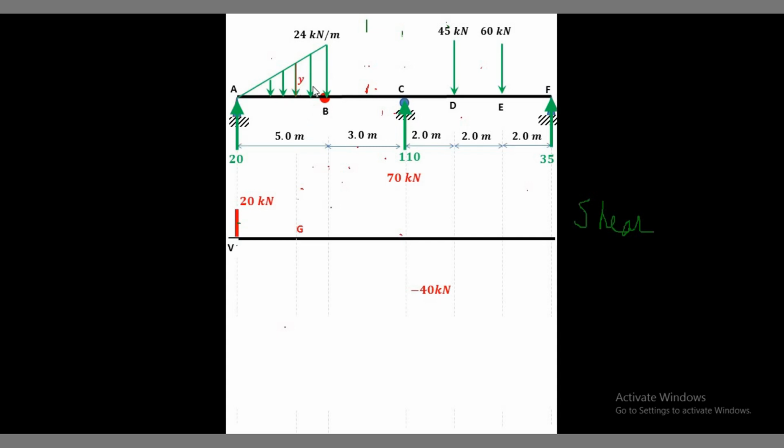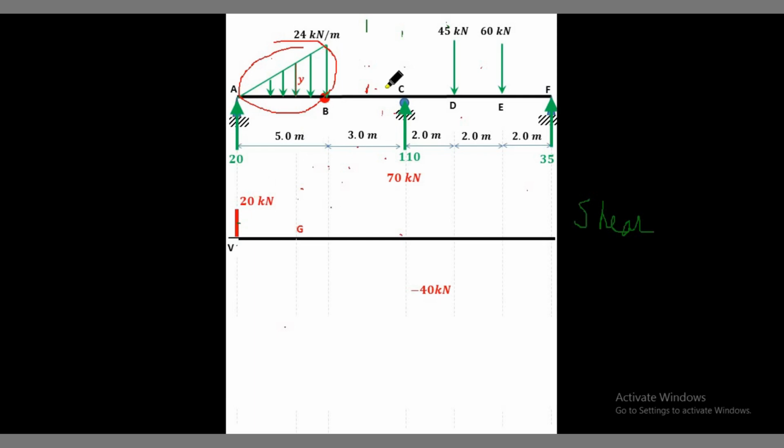Since downwards siya, so negative, ang gagawin natin dito para makuha natin yung value sa point B, that is 20 minus the area of this triangle. What is the value of that? 20 minus the area of this triangle.